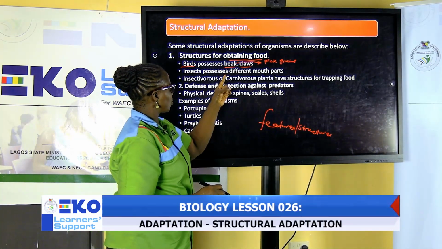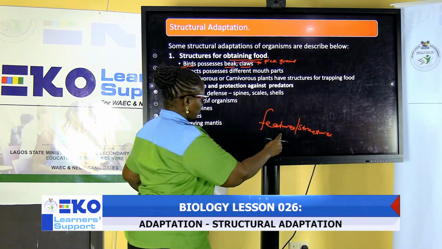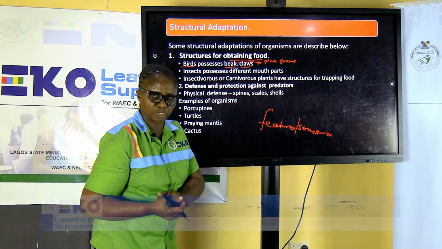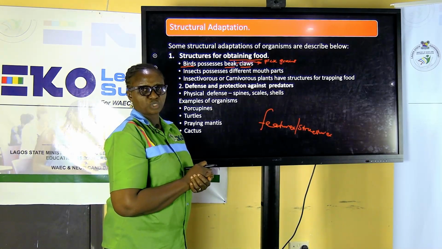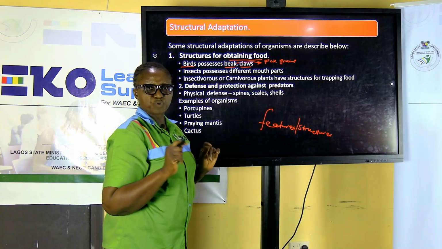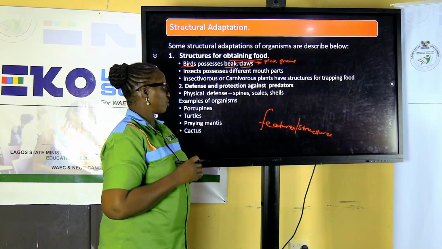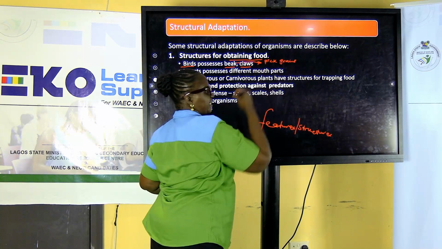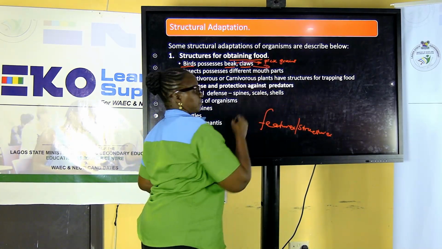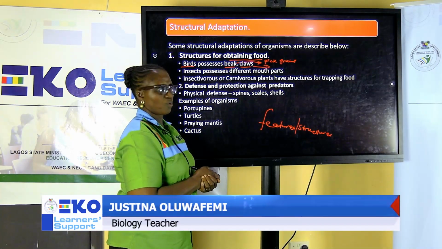So when you are studying structural adaptation generally, remember, you need to consider features and structures as well as the functions which the structure or the feature is used for. Here is an example. A beak possessed by all birds has a major function, and that is what? For feeding. We have claws. What do they use them for?